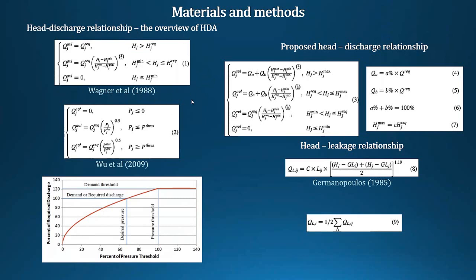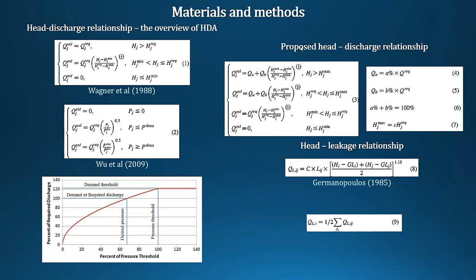These restrictions were solved in 2009, when a threshold pressure was proposed, and for this range of pressures this graph was proposed. In this graph, we can see that after the pressure threshold, we have a constant demand threshold. That is the correction.